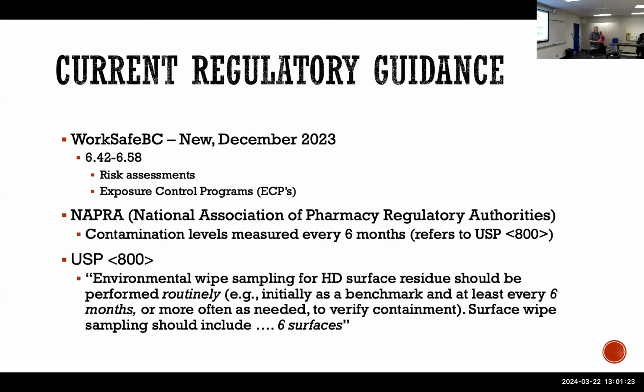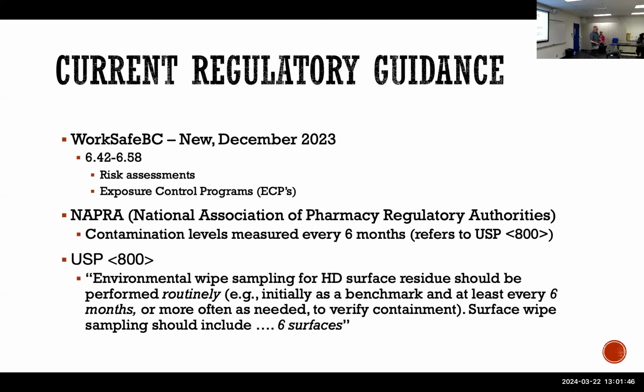I just want to very briefly go over this because we're over the time, but there are gaps in regulatory guidance for antineoplastic drugs. We've already mentioned NAPRA and USP, which give guidance specifically to pharmacies, and they do talk about measurement as part of the regulatory guidance.